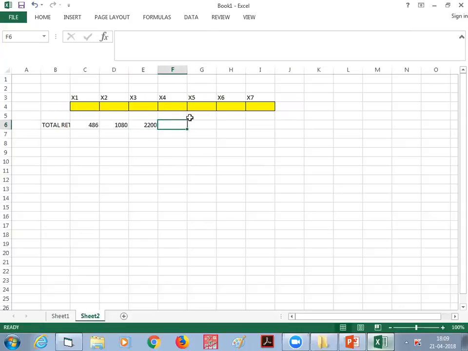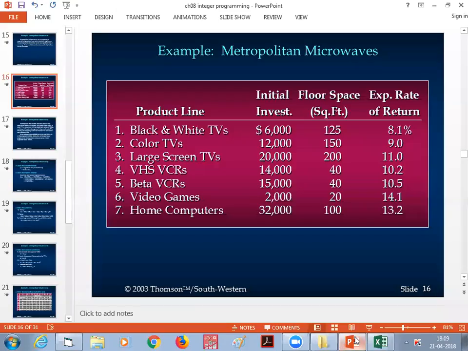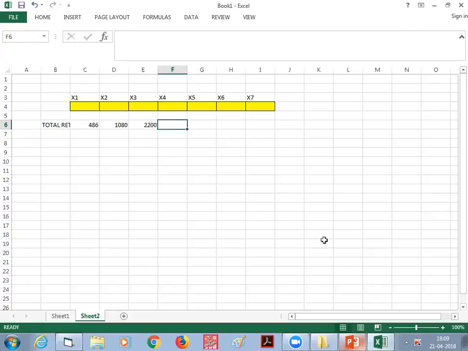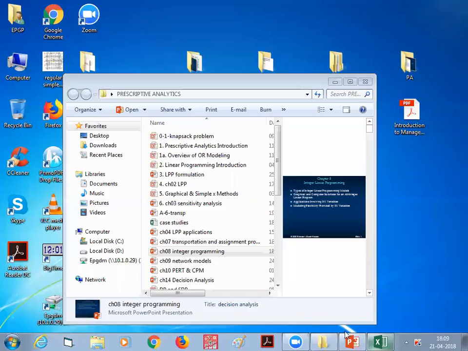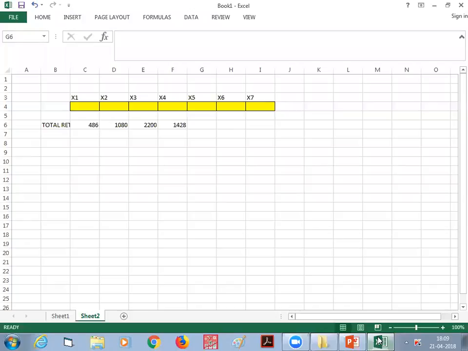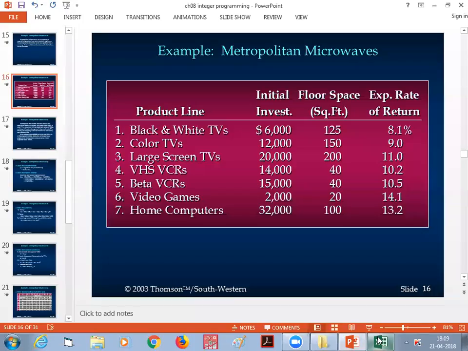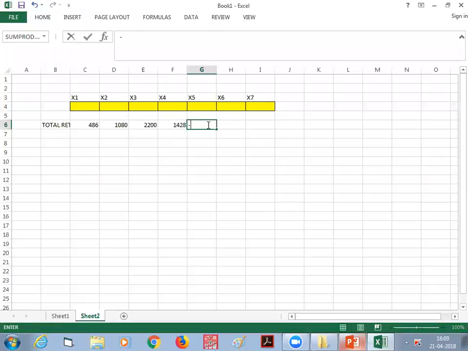Then 10.2% into 14,000. All right, next is 10.5 into 15,000.